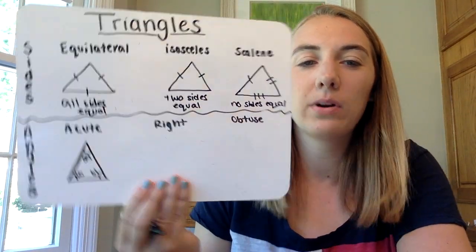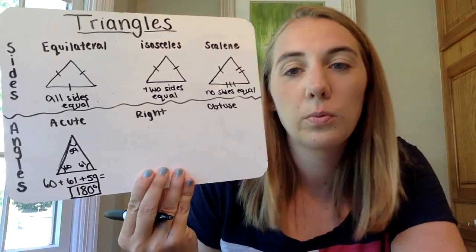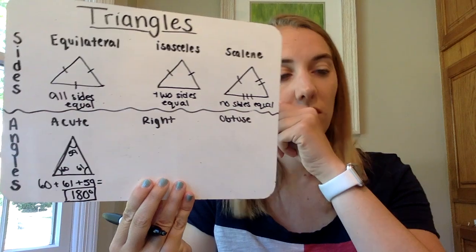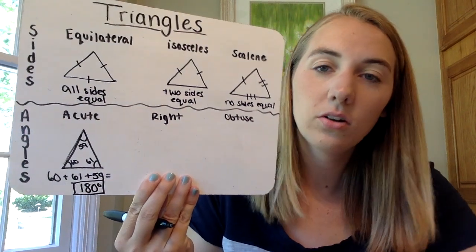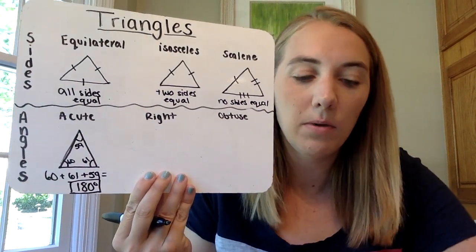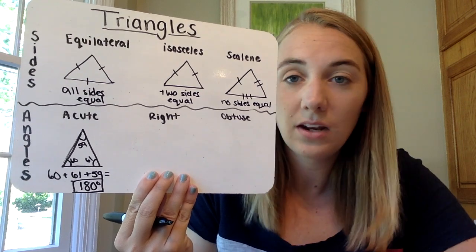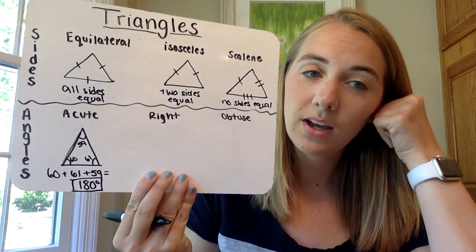Those are important because if you add up those numbers, 61, 60, and 59, they are going to equal 180 degrees. And that number is super important with triangles because all triangles have a sum of interior angles of 180 degrees.